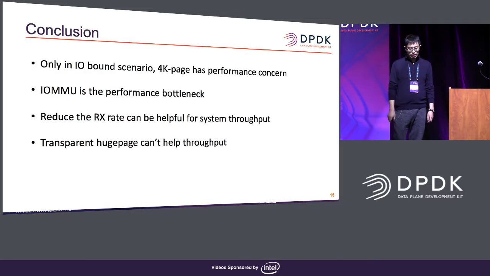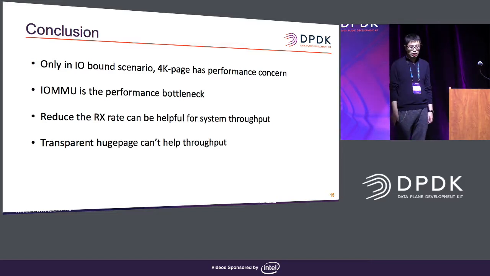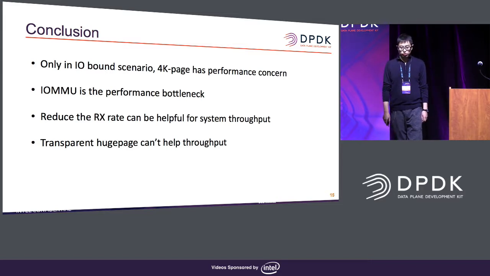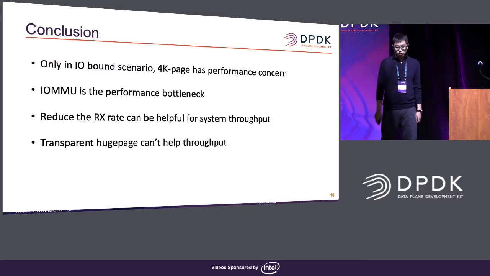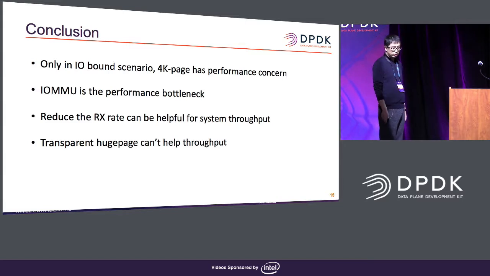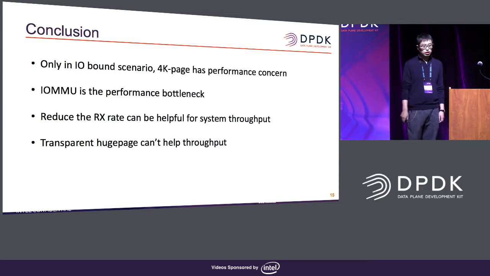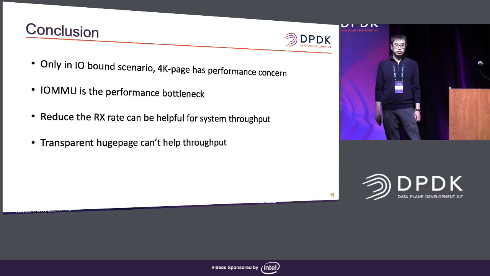So I think the key takeaway today is that if we're using 4K page, the IOMMU is the performance bottleneck. And only in IO-bound scenarios does 4K page have some performance concern. Also, if we are IO-bound and using 4K page, we can reduce the access rate to get a relatively high total system throughput.